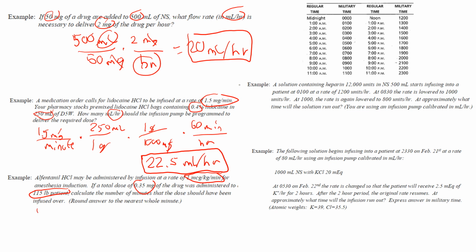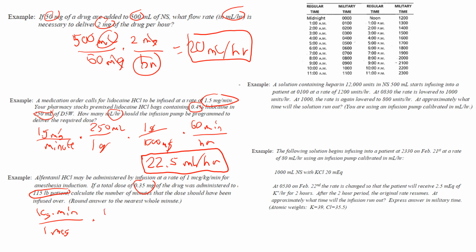We know that kilograms times minutes is equivalent to, I think that's 1 microgram. Yeah, 1 microgram. And then we can kind of just cancel out all our other units that we don't need. So we know that 0.35 milligrams are infused.